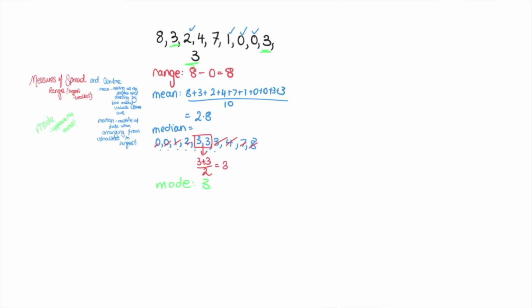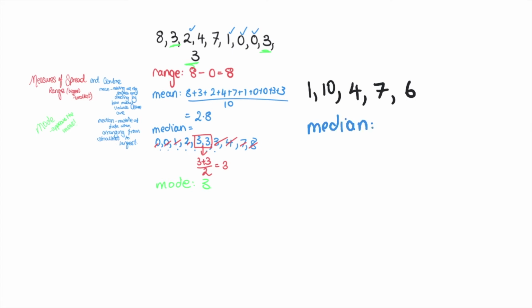So how about when you've got an odd amount of numbers? How do you find the median? So say, for example, how many hours of social media did certain year 7s spend in a week? Someone spent 1 hour, someone spent 10 hours, someone spent 4 hours, someone spent 7 hours, and someone spent 6 hours. Let us find the median of these values.